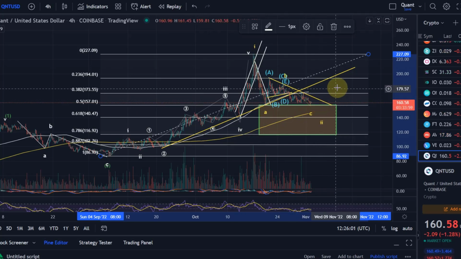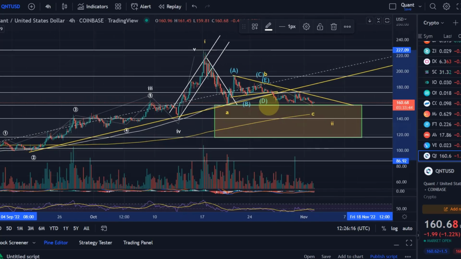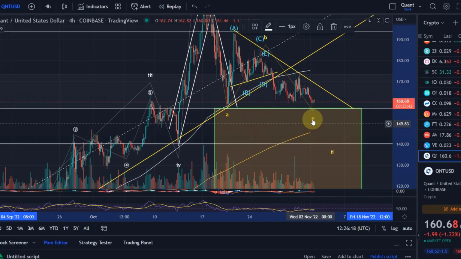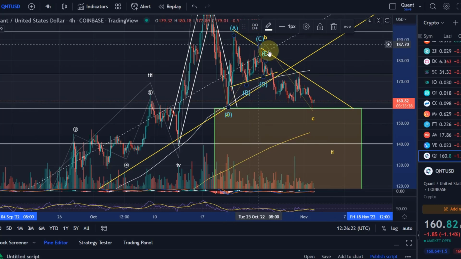Now, because I haven't seen a signal yet that we are turning around, the primary expectation would be a further continuation to the downside, at least to the 61.8% Fib level at $140. This counts as long as we stay below this descending trend line. We talked about it before, that it looks like a descending triangle.